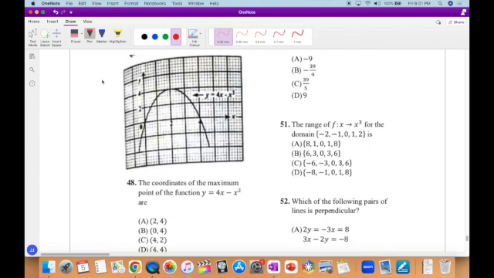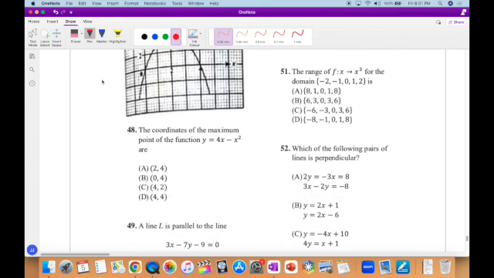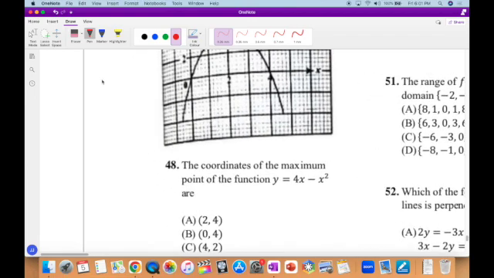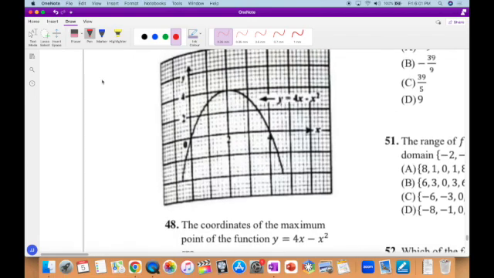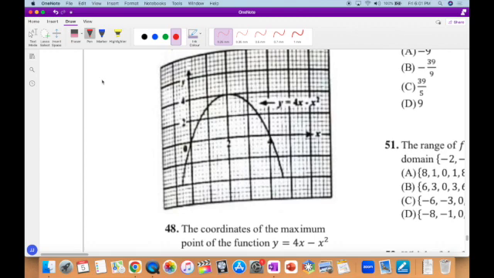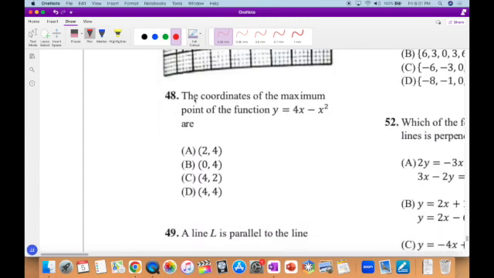So we see in the quadratic there, the graph is a little bit wonky. The coordinates of the maximum point of the function are that point there, 2, 4. So it's the point 2 on the x, 4 on the y.